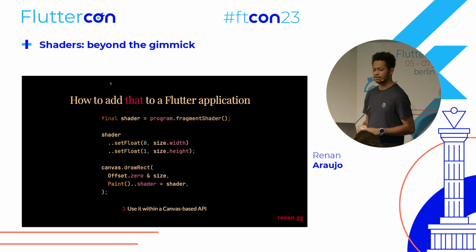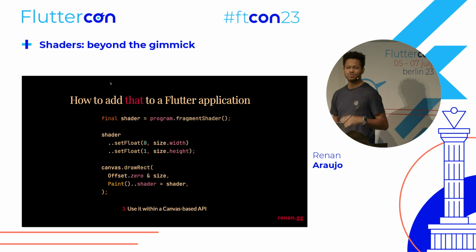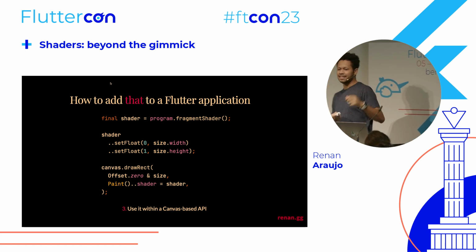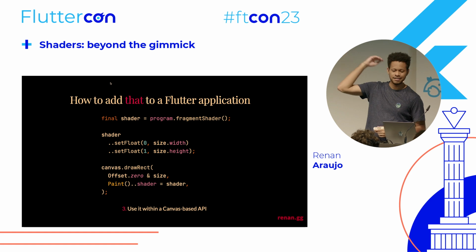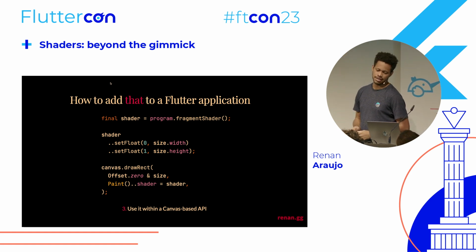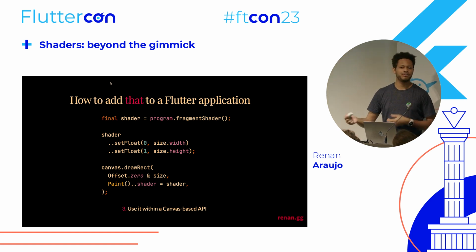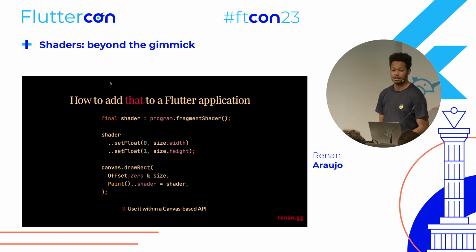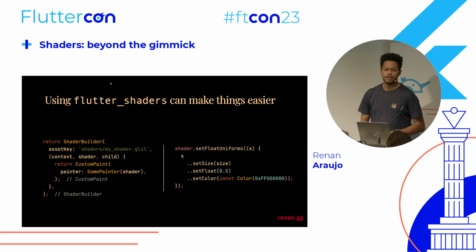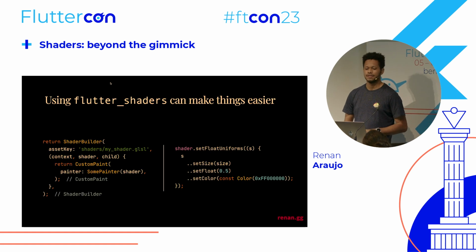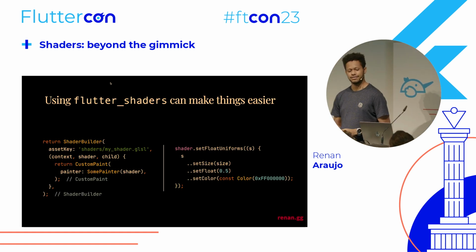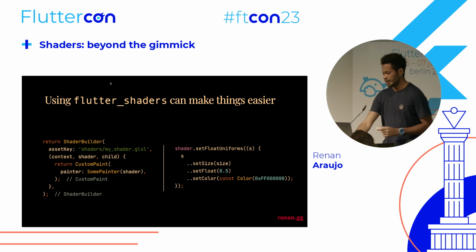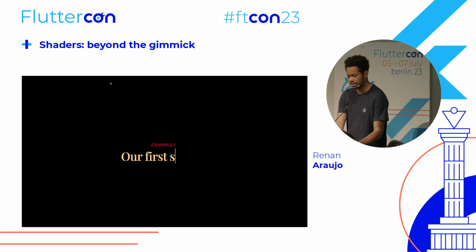Here we're using shader setFloat, so we have to control the index of each float value. If you're receiving a vec2 on the other side, we have to pass each double value in order. And it's quite cumbersome if you have, for example, a list of matrices. That would be a lot of floats and a lot of indices to control. So you have this to just set up our color. I really like the color one too, which does some other operations.